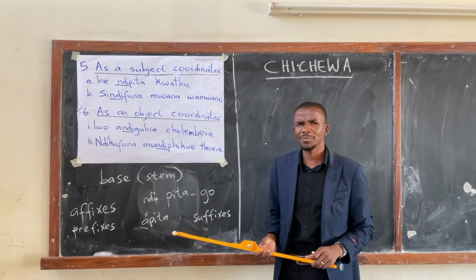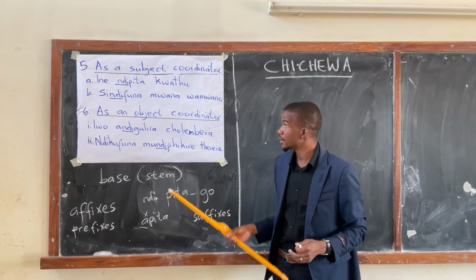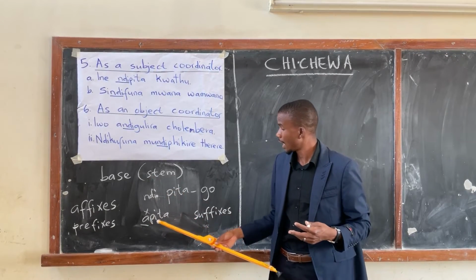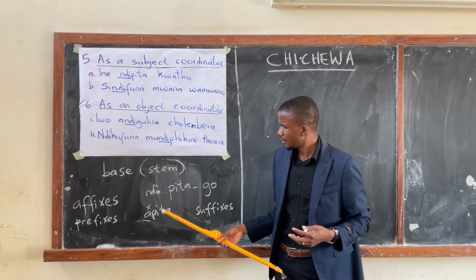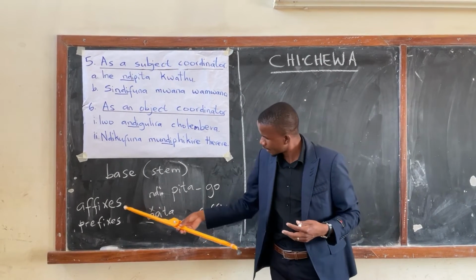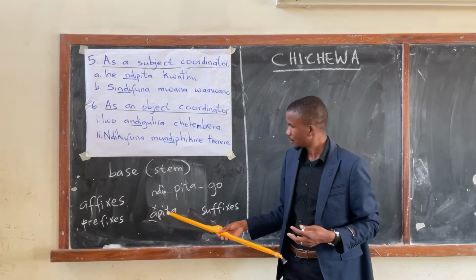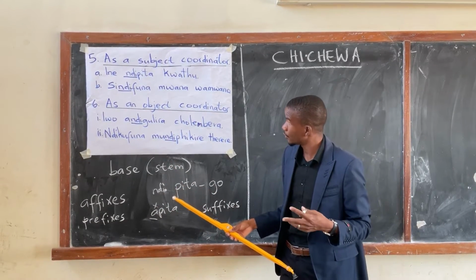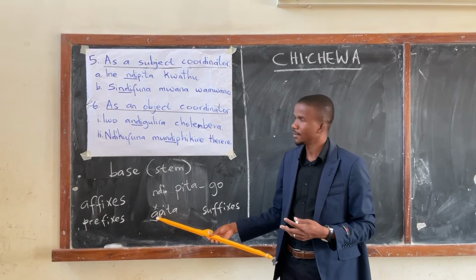It's only kids that speak like this, because the child has not learned the relationship between ine and showing that this action is done by the subject. For us to show that kind of relationship, we need to put ndi and not a.